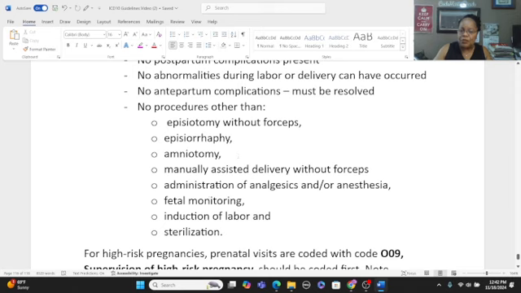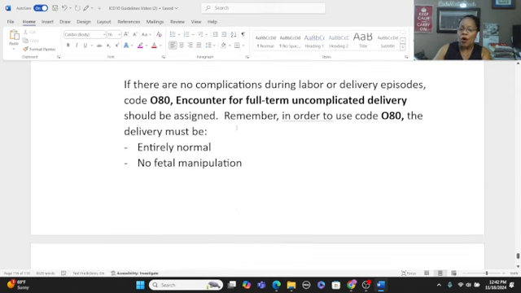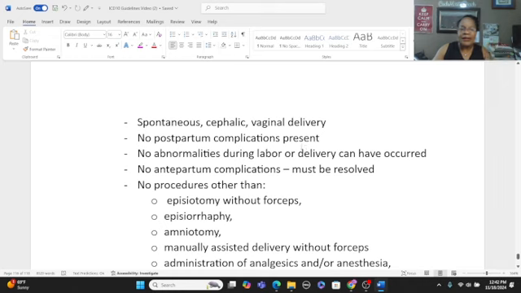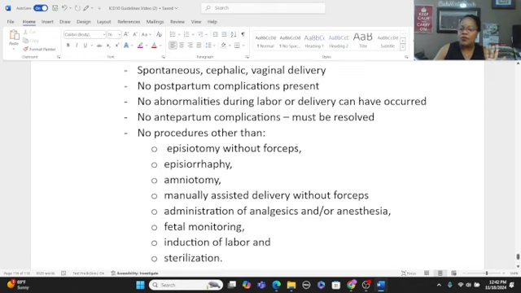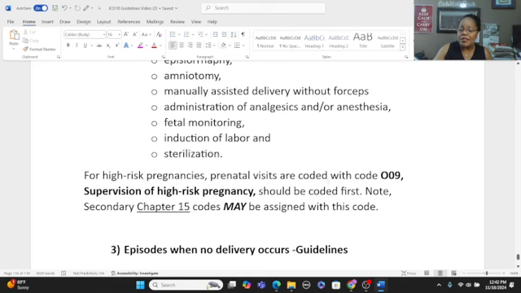Those are acceptable procedures for an O80 code, because an O80 says the encounter was for a full-term uncomplicated delivery. And these are not complications, these are normal. And for high-risk pregnancies, the prenatal visits are coded with code O09 for supervision of high-risk pregnancies, and that should be coded first. And then I put a note here, secondary Chapter 15 codes can be assigned with O09.